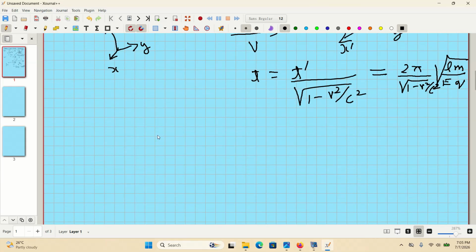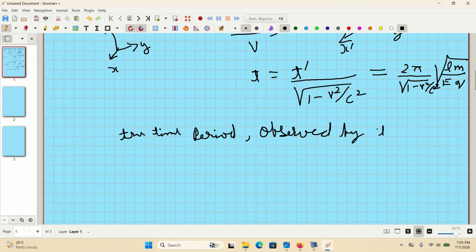So the time period observed by the observer is T equal to this, and yeah, so that's it.